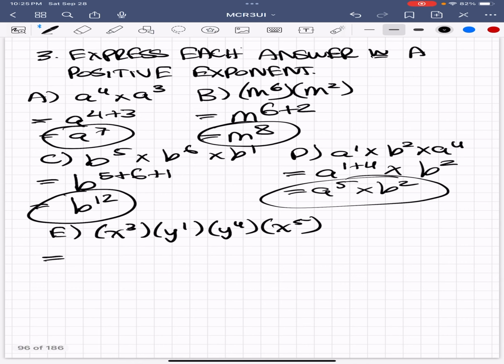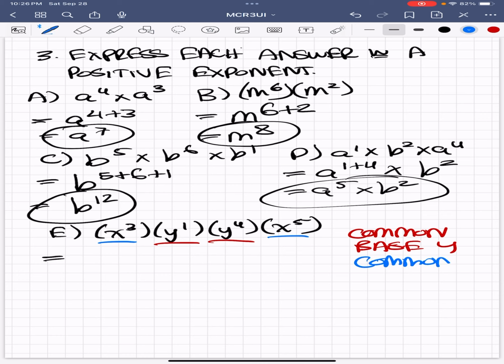Okay, and then we have another way to show multiplication, which is when there are brackets around each mathematical expression, but I see commonalities. So we have the common base of x, and we have the common base of y. So we have x, 3 plus 5, and then we have y, 1 plus 4.